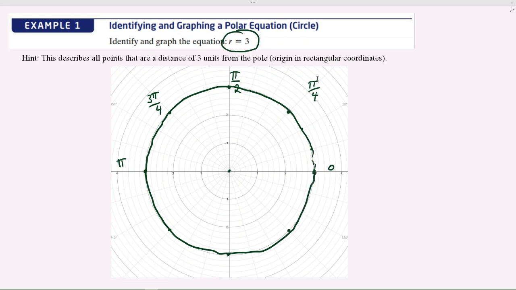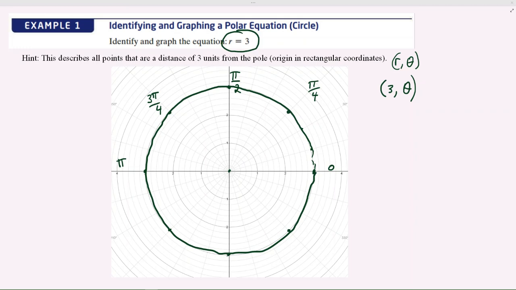All right, and remembering that the coordinates are r, theta, so this is just saying, hey, we're going to lock the r part to 3 no matter what angle you give me. So that's going to form a circle of radius 3 for every possible theta angle from the polar axis all the way around.